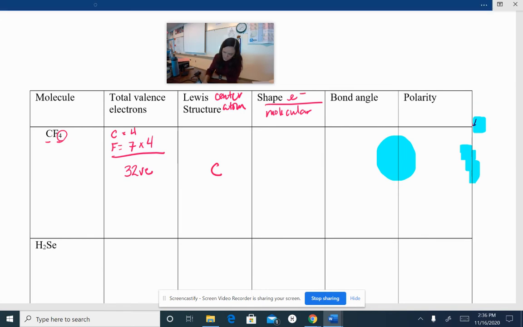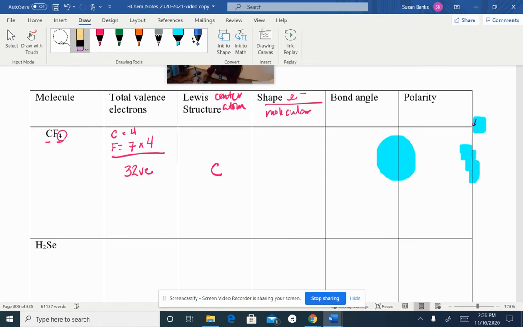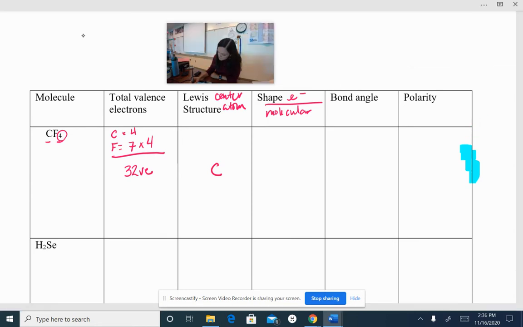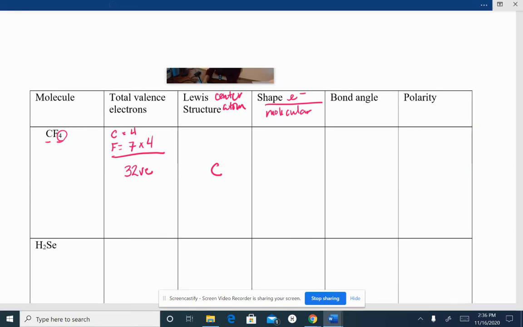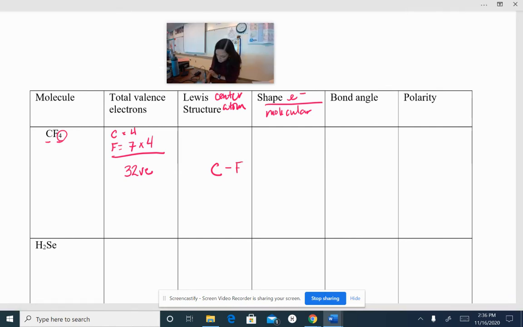Oh my, that took my blue dots from the previous page. Okay, I'm going to put carbon in the center here. I'm going to put individual single bonds to each of the fluorines. And now I have to satisfy everyone's octet. Carbon is already satisfied because I've got 2, 4, 6, 8 electrons with that carbon.